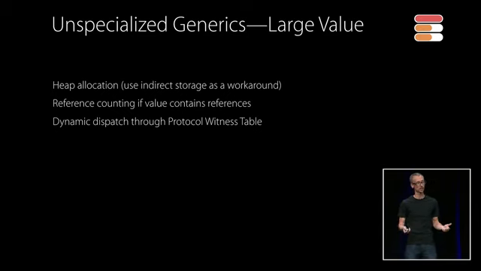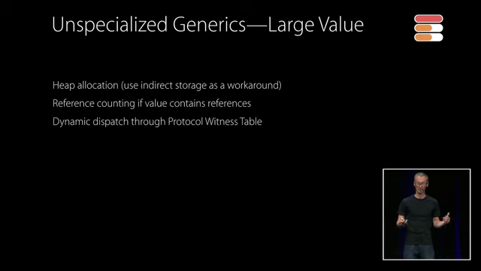So if we're using large values in generic code, we are incurring heap allocation. But I showed you a technique before, namely using indirect storage as a workaround. If the large value contained references, then there's reference counting. And again, we get the power of dynamic dispatch, which means we can share one generic implementation across our code.